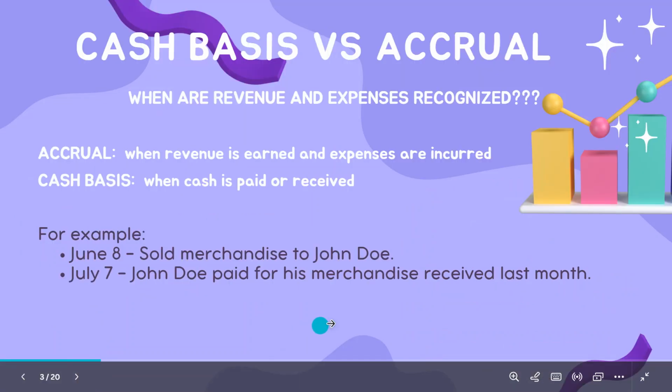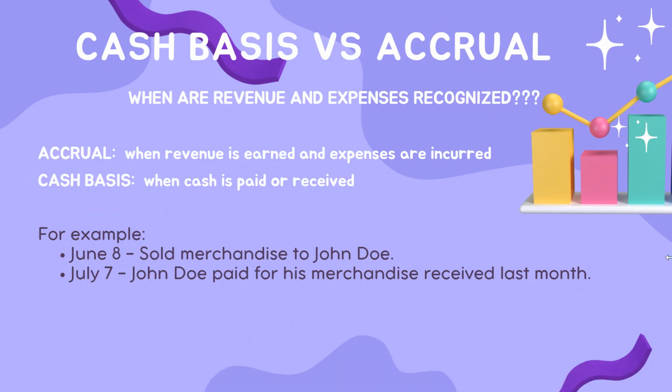So, all right, first thing, cash basis versus accrual. These are the methods of doing accounting. The difference between the two is understanding or recording when revenue and expenses are recognized. That's the difference.